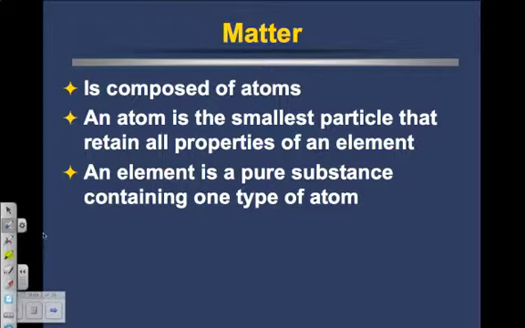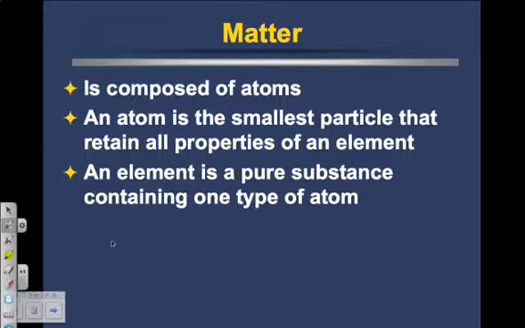So if I have an element, gold for instance, or silver, and I take the tiniest particle that I can possibly take out, that would be the atom, and it would retain all the properties of the gold and of the silver. So an element is a pure substance containing one type of atom.